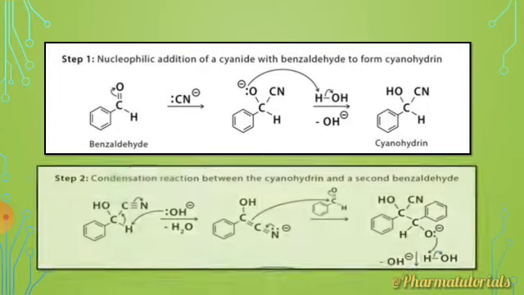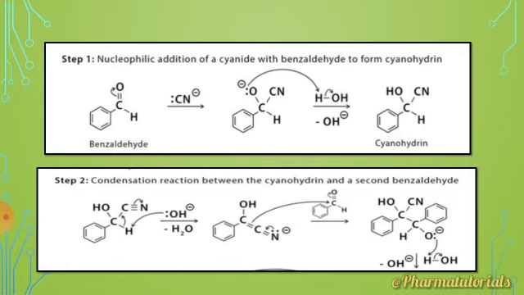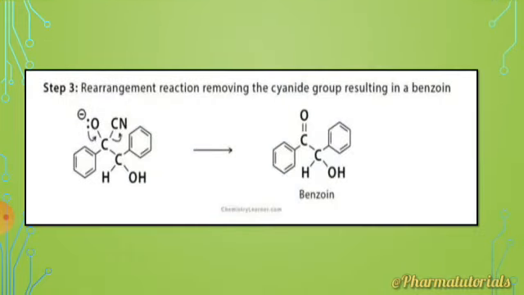In the second step, there is a condensation between this cyanohydrin and a second molecule of benzaldehyde, and there is formation of this intermediate. In the last step, there is a rearrangement reaction removing the cyanide ion, resulting in the formation of benzoin.